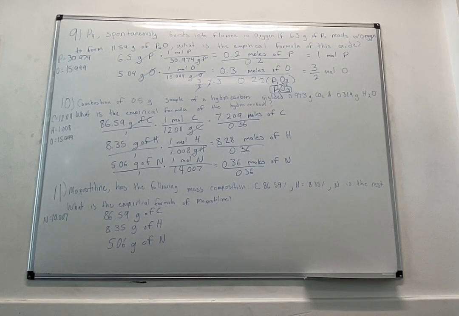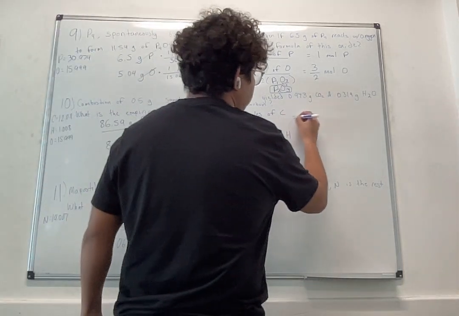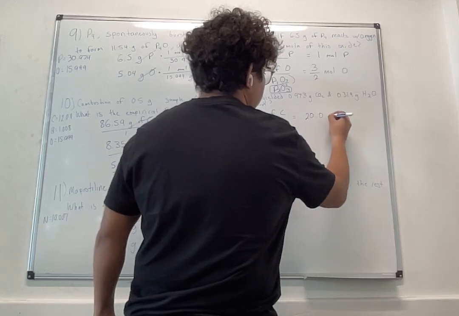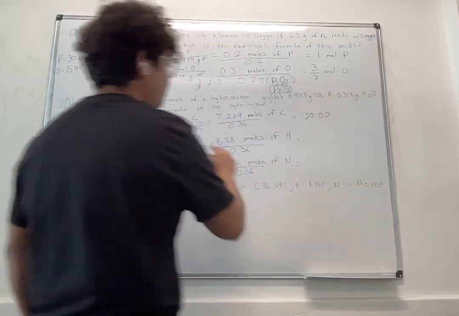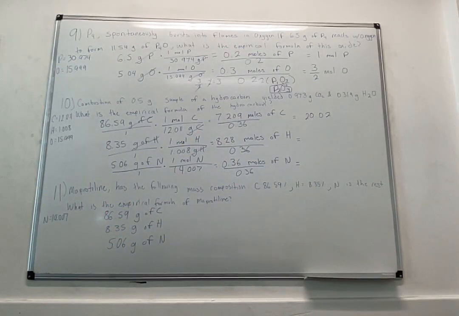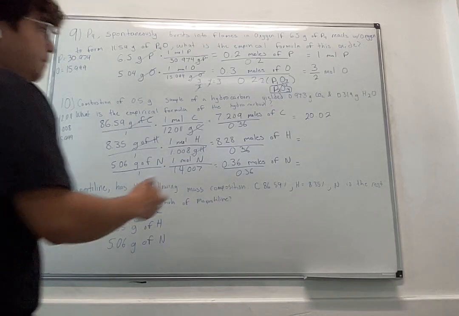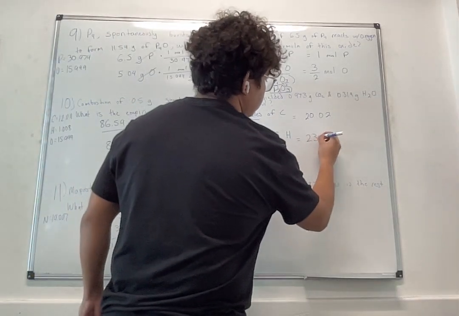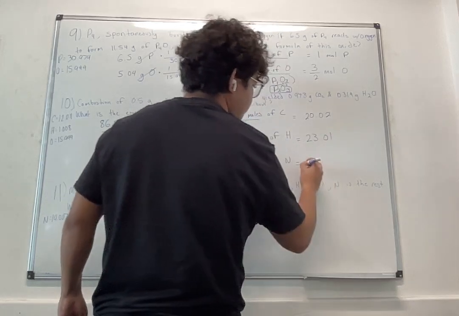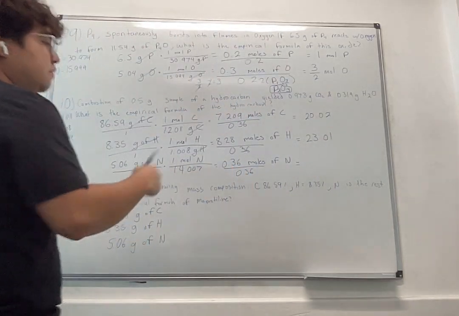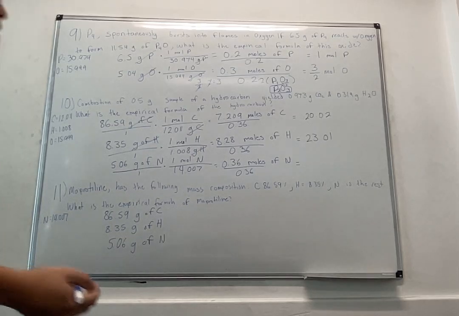We end up with 20.02. 8.28 moles of hydrogen over 0.36, we end up with 23.01. Not too much of a difference. And then 0.36 over 0.36, well, that's just 1.